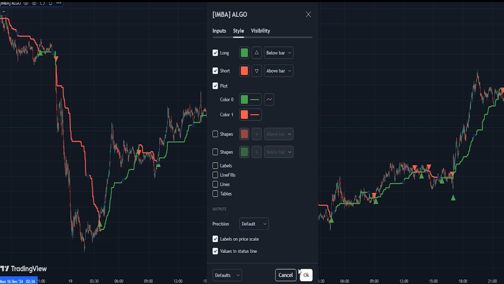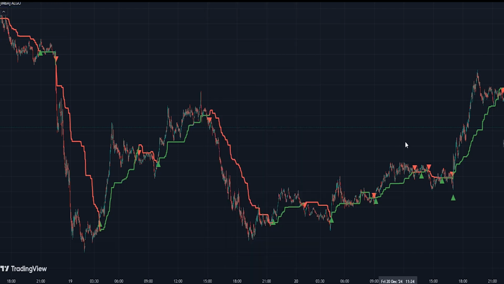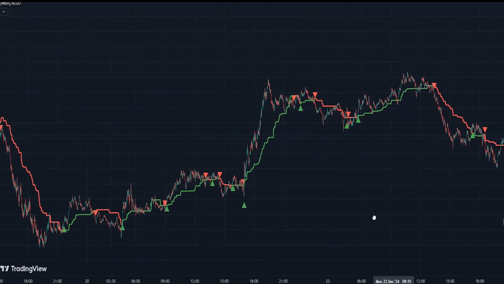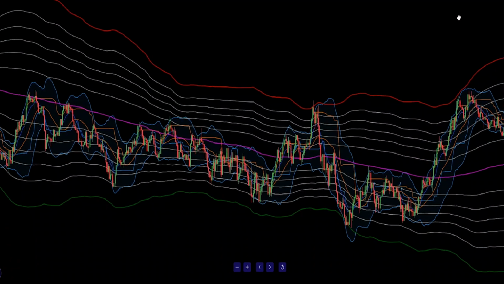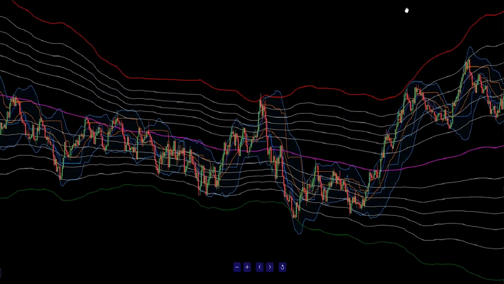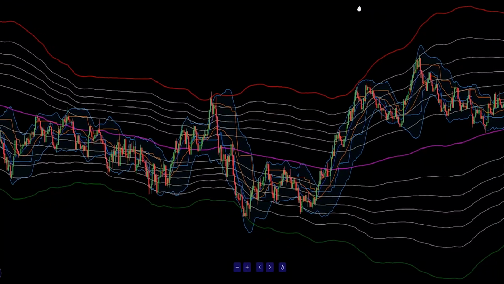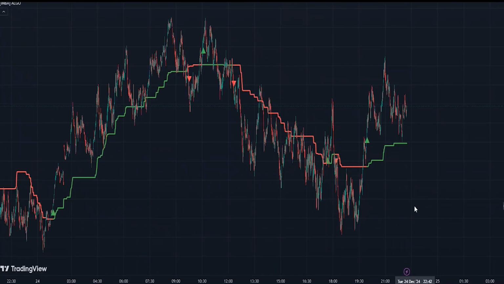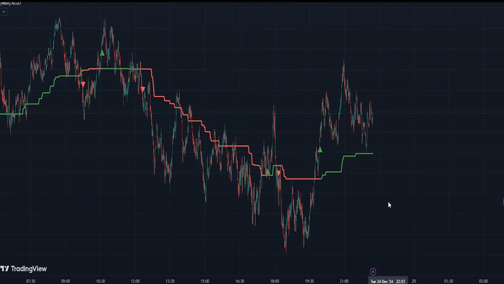By removing these options, we can now view the chart in a cleaner and more organized way, which is a crucial aspect of trading. I've seen some beginners using so many indicators on their chart that the actual chart itself becomes almost invisible, which is a mistake. You should be able to clearly see the chart and candles and analyze them while effectively using your tools.